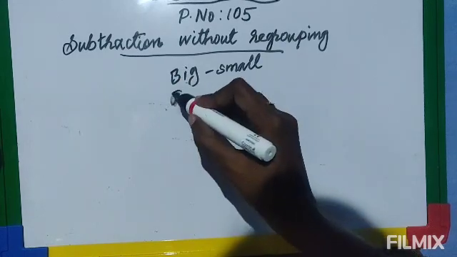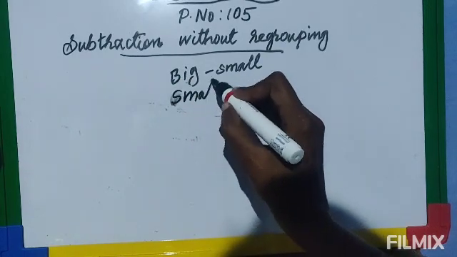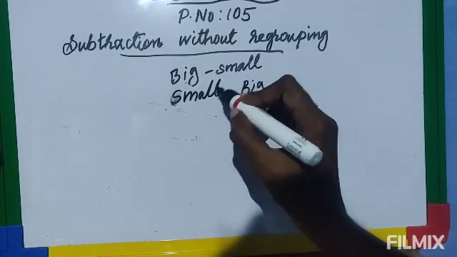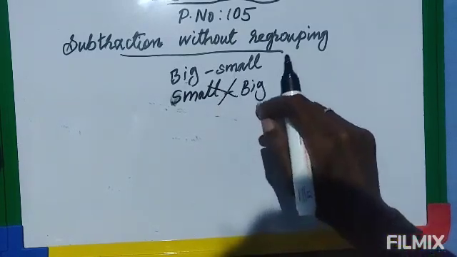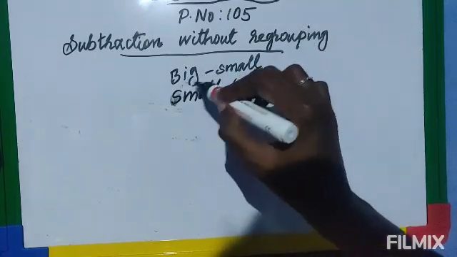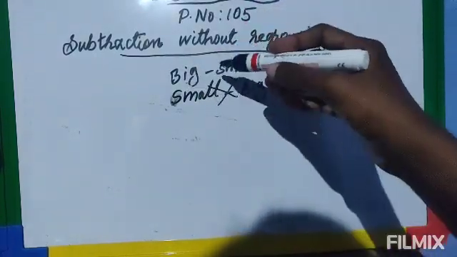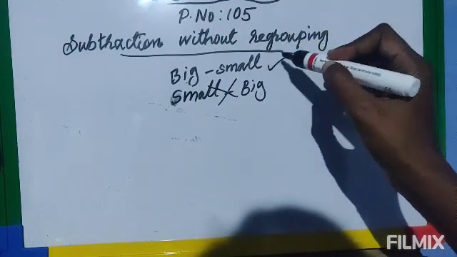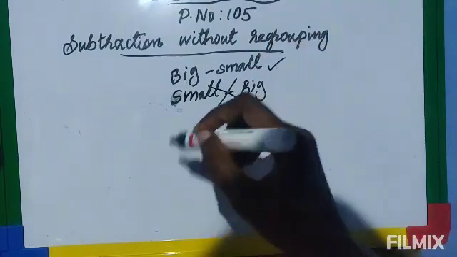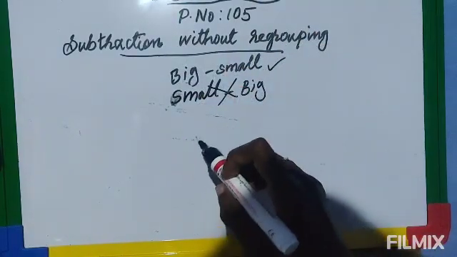Small from big is not possible. In this case you will borrow, and that is called regrouping. But from big to small we need not borrow, we can do a normal subtraction. When we subtract the small number from the big number, that is called subtraction without regrouping.